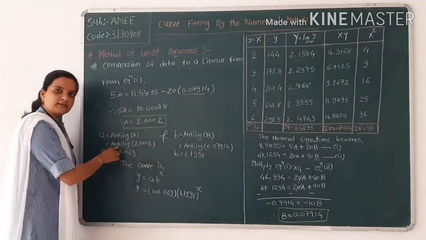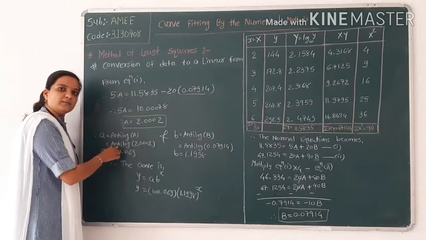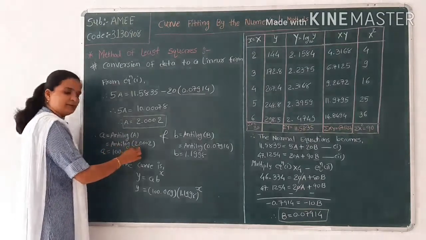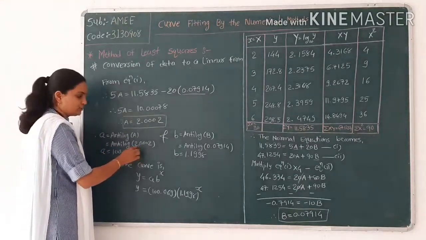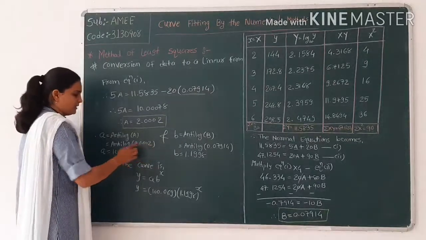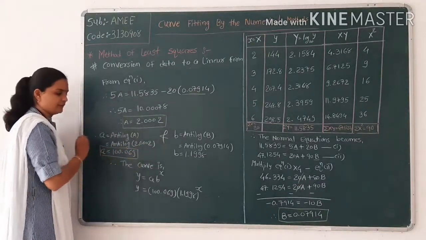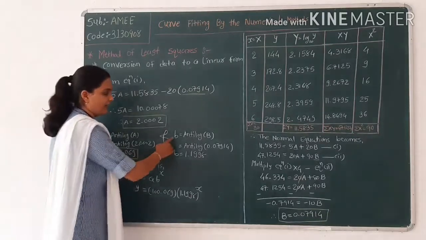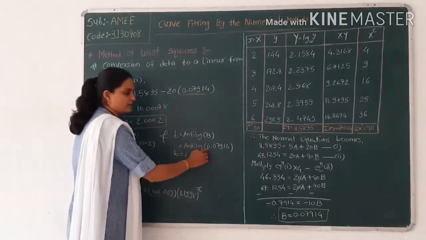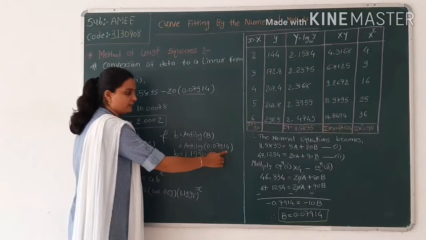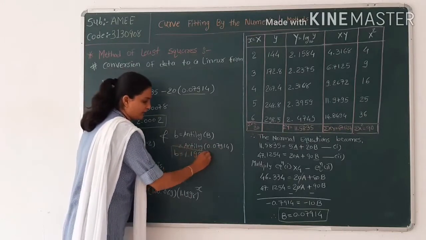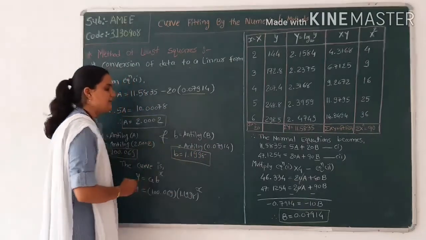Therefore we have the antilog of 2.0002. In the calculator we use shift plus log. The value of capital A is 2.0002, which gives a equals 100.069, and the value of b is the antilog of 0.07914, which is 1.1998.